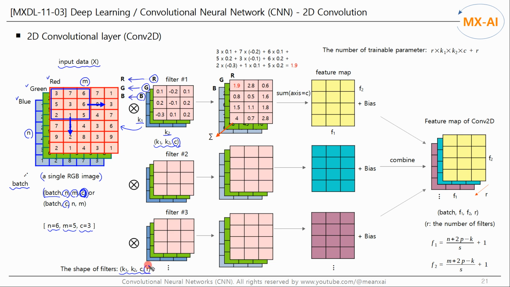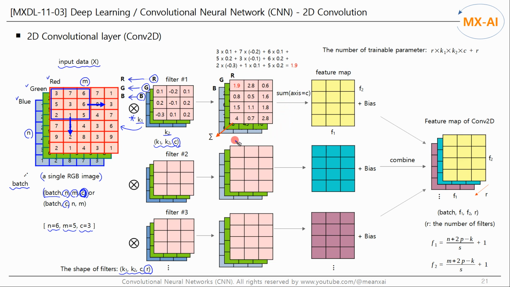There are R such filters. Compute the cross-correlation or convolution between the input data and these filters. Each filter scans the input data from top to bottom and left to right, computing cross-correlation or convolution. This gives us the 3D feature map like this.